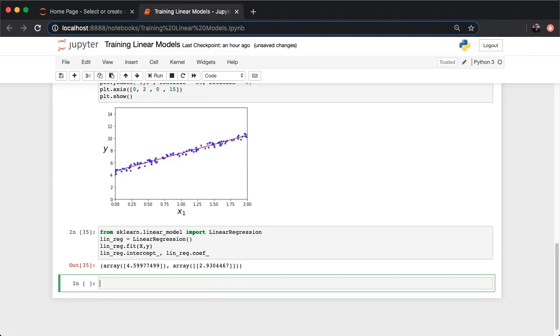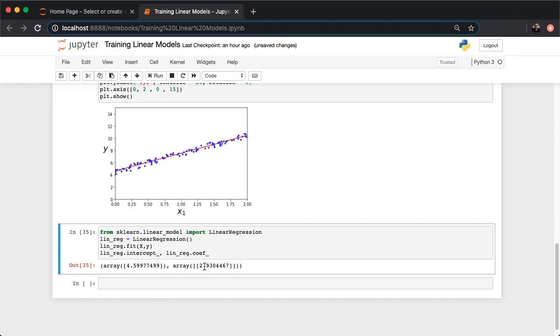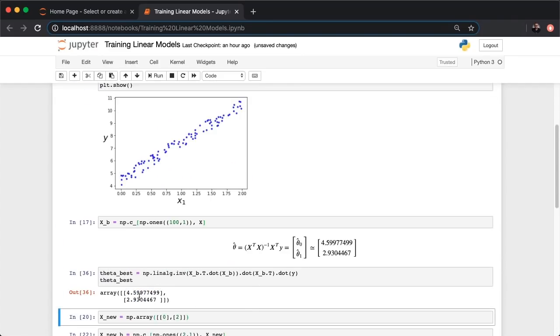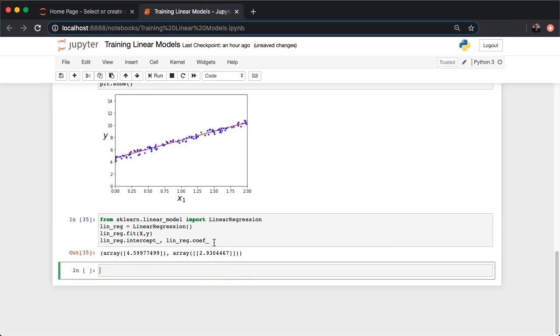Run. So 4.59 and 2.93, as you can see here. The same exact equation is used by sklearn because that's what linear regression is. And now let's use sklearn to predict some given values.